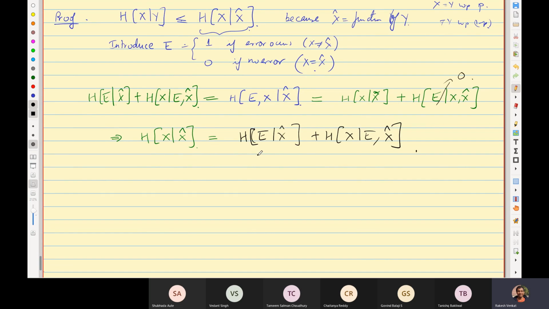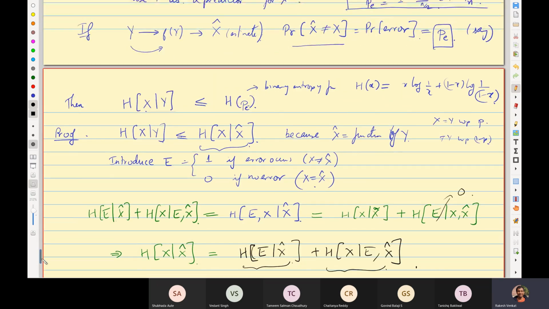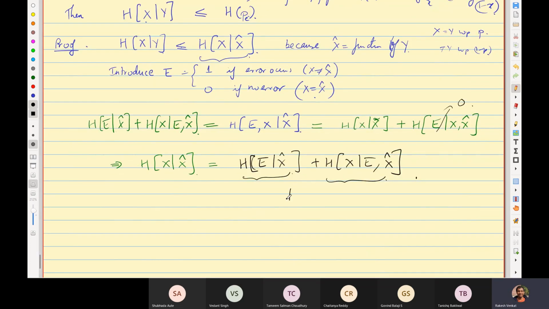And notice that over here, H of E given X hat is going to be at most the probability of an error. Plus, if you expand this, you'll find that the other term is going to go to 0. I'll leave this as an exercise, because it's kind of obvious: you know the error variable and you know X hat, so you know what X is.